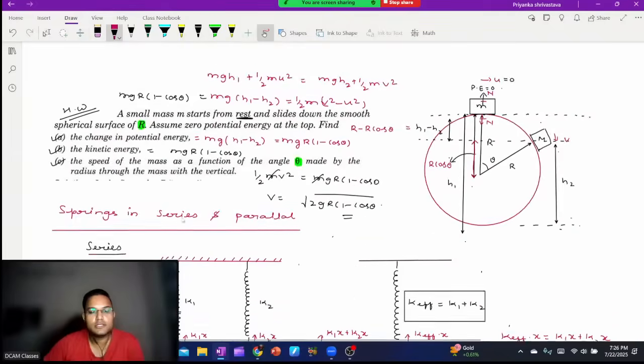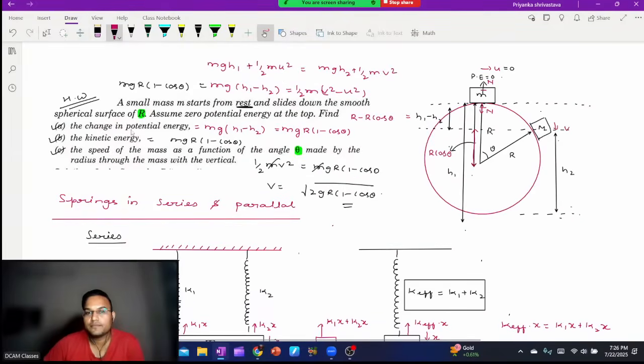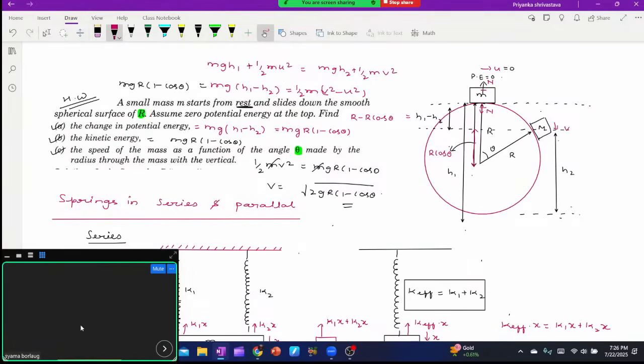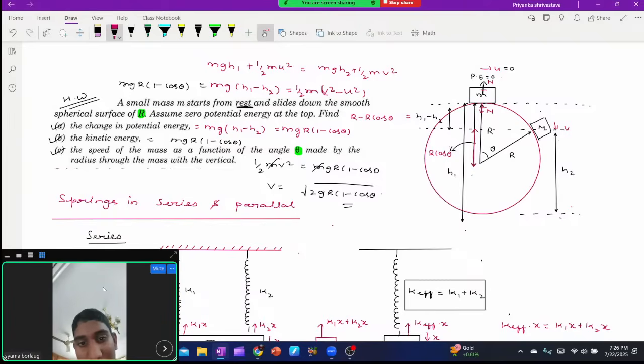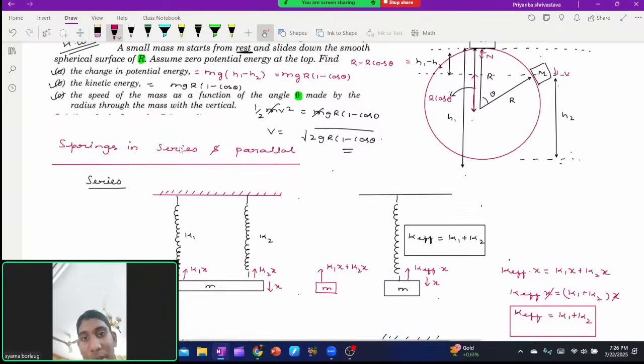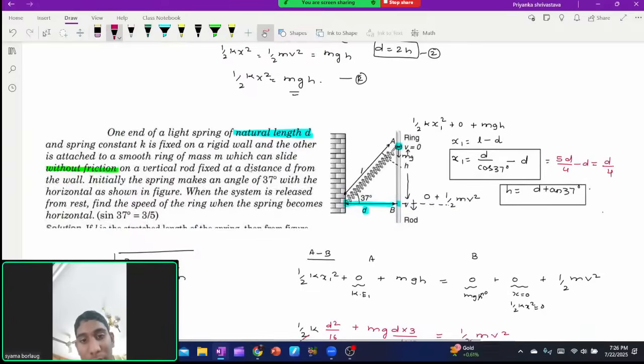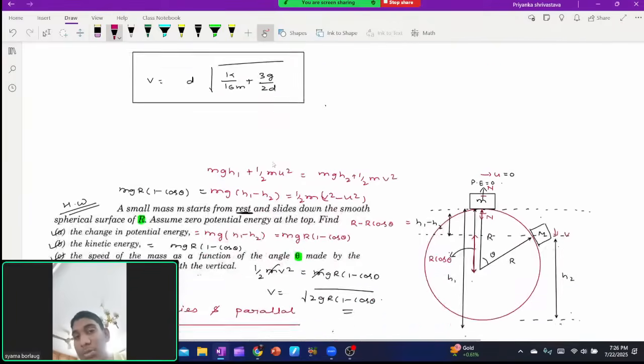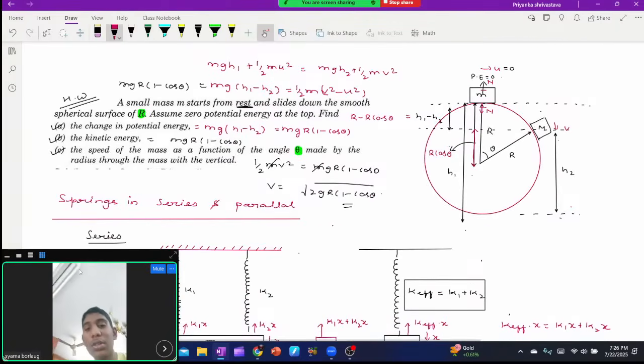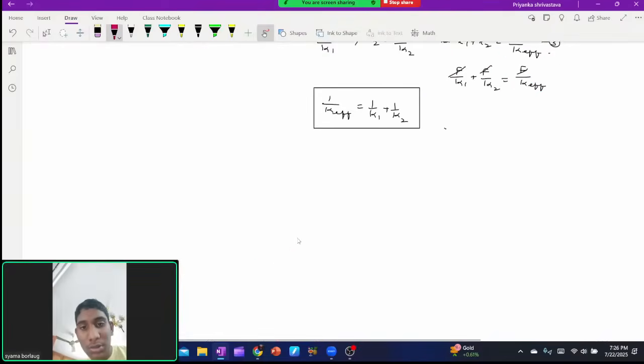Did you solve this question, the question I gave as homework? Yes, I guess. We solved it in school, I guess. The same question. See, in the last class also I gave you one question. When I asked you the answer, you did not have the answer. Either you have the answer, if you have solved it, give me the answer quickly. If you do not have the answer, then solve it in the class.